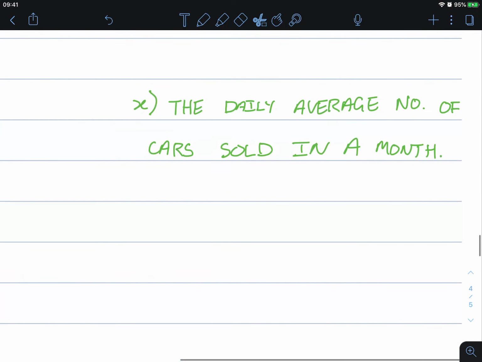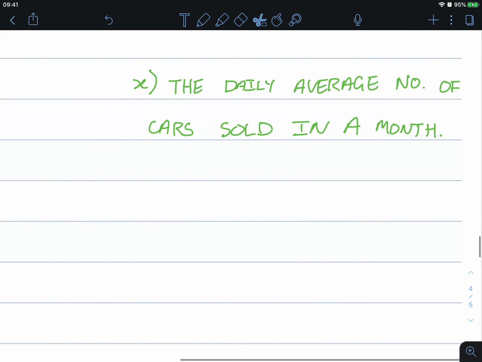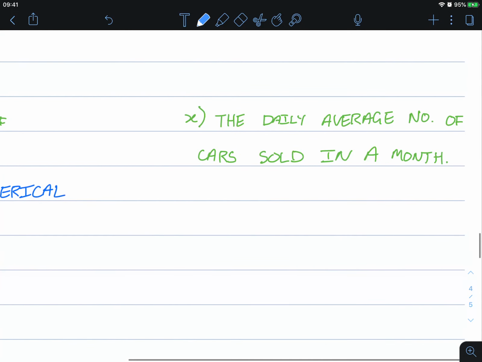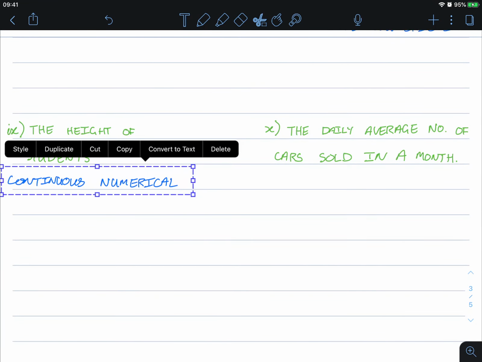And last example, the daily average number of cars sold in a month. Well, I hope the wording here, the average, gives it away. This is going to be continuous. I'm just going to copy the previous one as well. This is continuous numerical data.